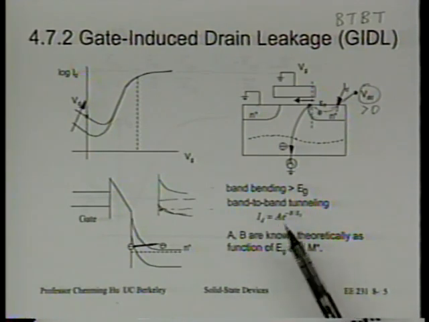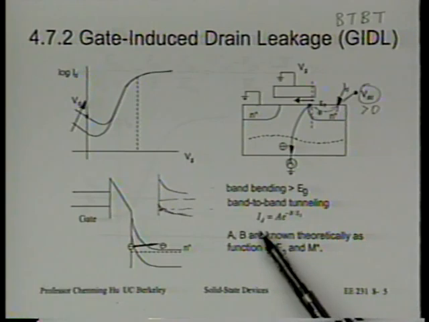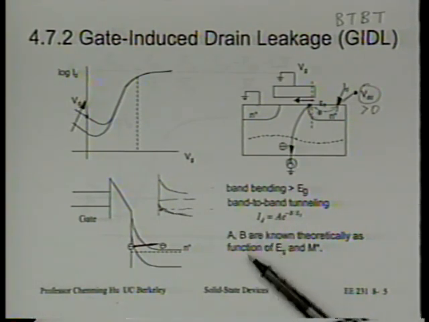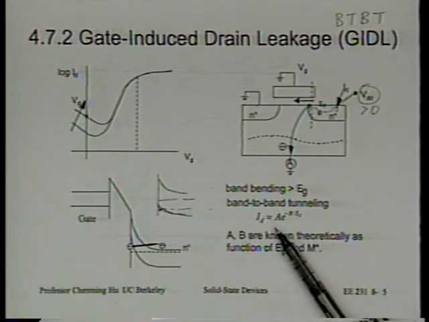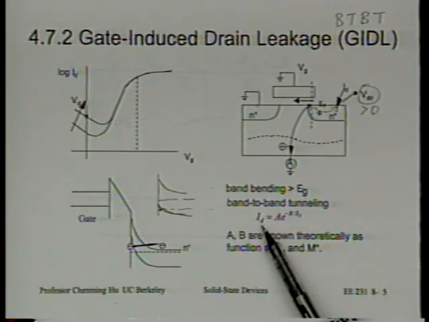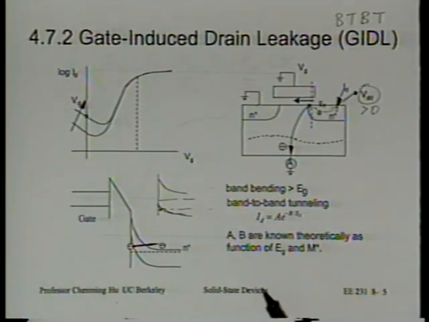Okay. So therefore, the tunneling rate determines this GIDL current. What determines the band-to-band tunneling rate? Well, it turns out this is also known, and the equation was first derived for the tunnel diode, also known as the Esaki diode. Leo Esaki received the Nobel Prize for studying band-to-band tunneling in semiconductors, and the tunneling current should be equal to A times exponential of minus B over E, where E is the field.